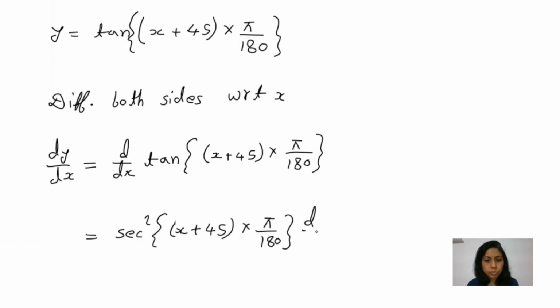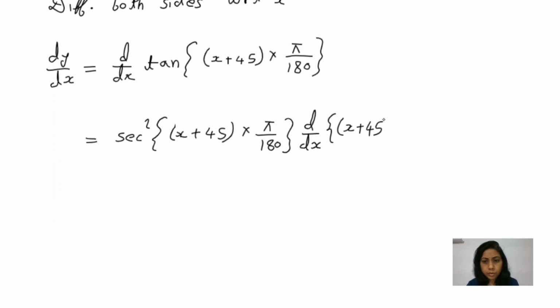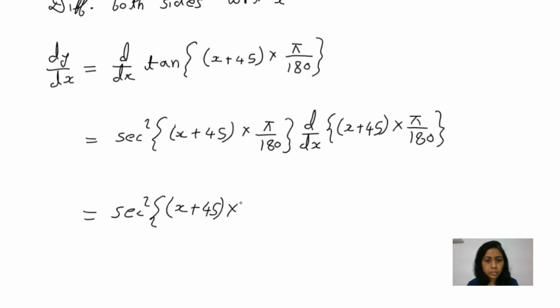and using the chain rule, we differentiate this parenthesis part. So (x + 45) multiplied by pi by 180, sec square of (x + 45) multiplied by pi by 180, and when we differentiate this we get, here we can write multiply and this.